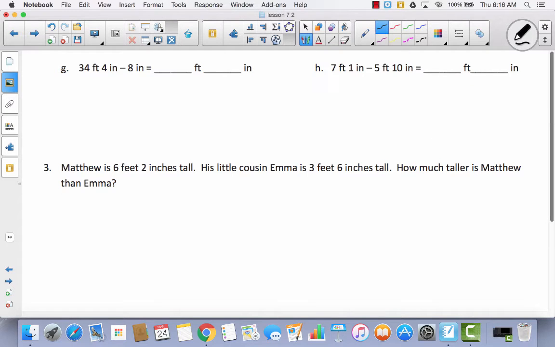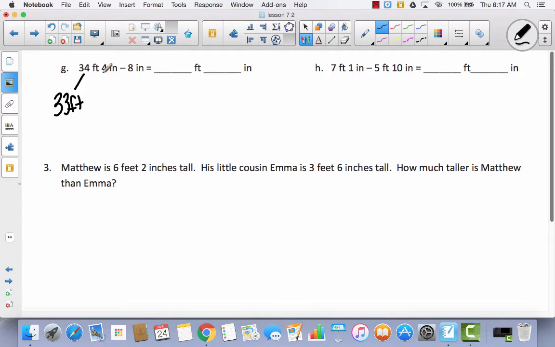All right, now let's try 2 more. Okay? All right, we're going to do G together, and then I'm going to have you do H by yourself, so be prepared. All right, so I'm trying to take away, I only have 34 feet here, but I'm trying to take away 8 inches. Well, I only have 4 inches here, so I'm going to have to decompose this 34 feet into 33 feet and 12 inches.